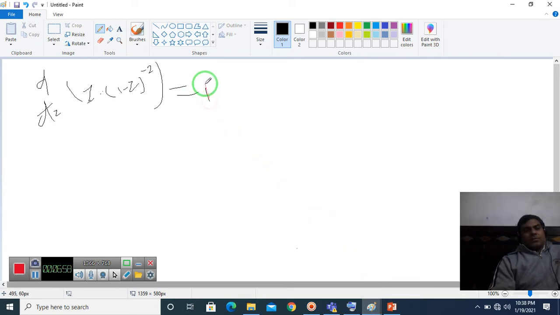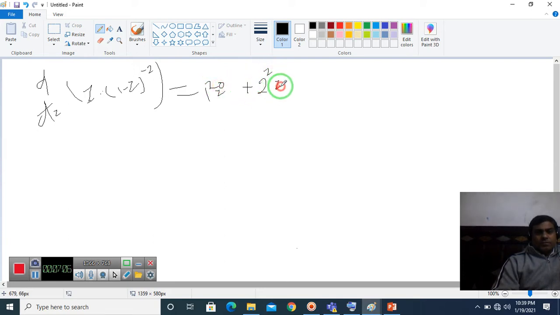So the differentiation becomes 1 square z to the power 0, plus 2 square z to the power 1, 3 square z to the power 2, 4 square z to the power 3, and next r square z to the power r minus 1.